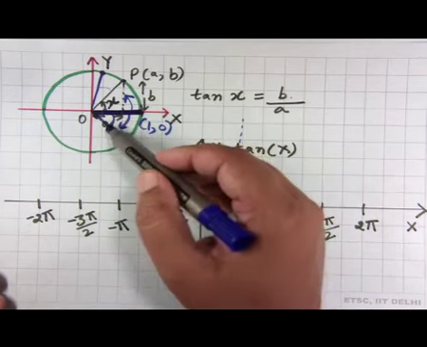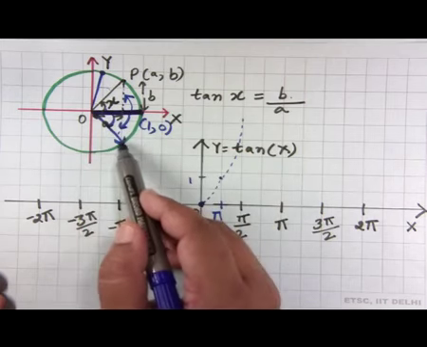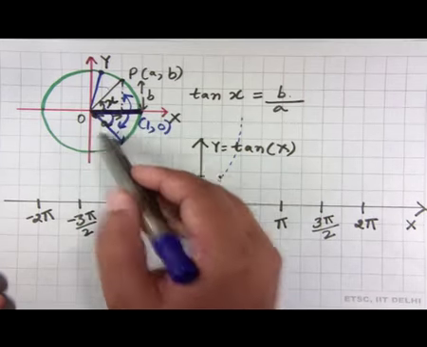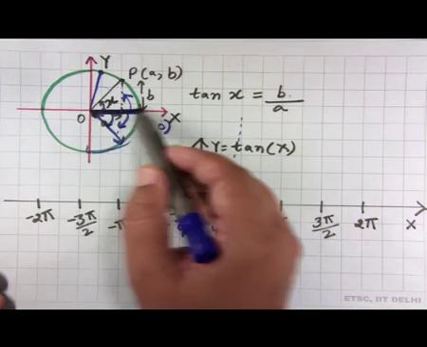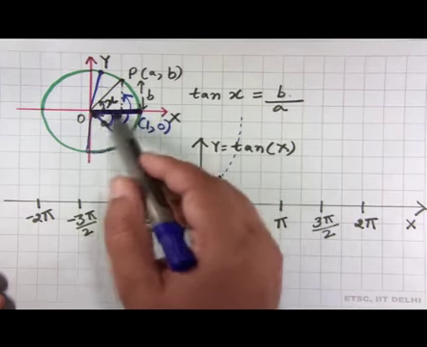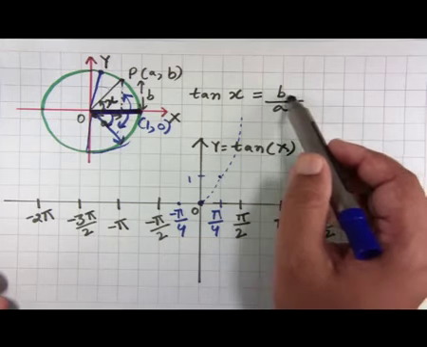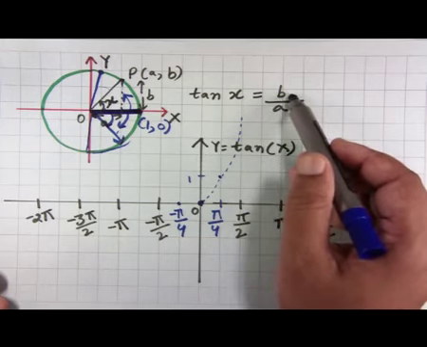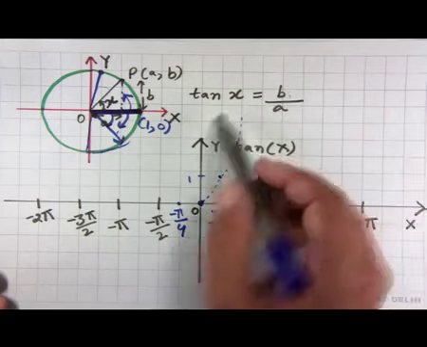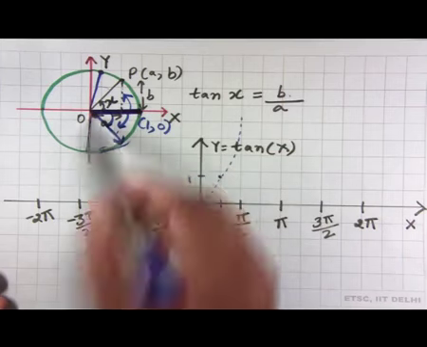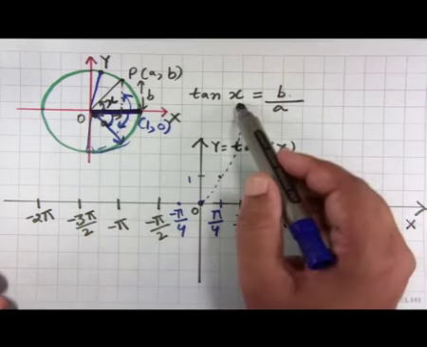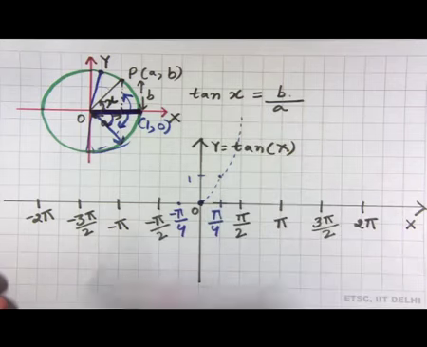But when we are on this side, for any point in this fourth quadrant, the x coordinate A will still be positive, but the y coordinate is going to become negative. Therefore, in this quadrant, the value of tangent of x will be negative.